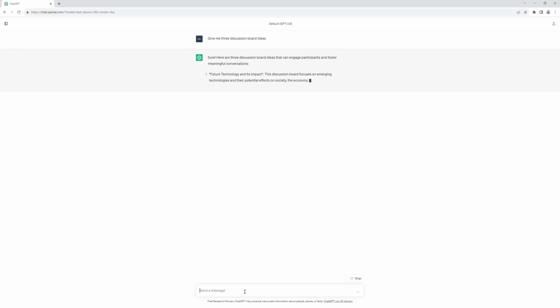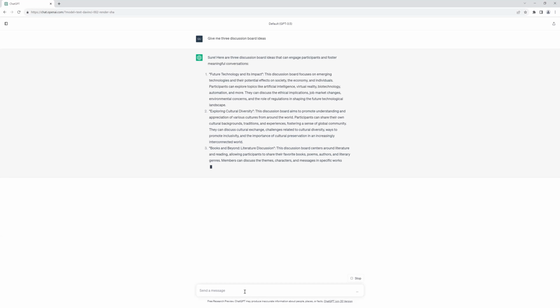And it's going to give us some things. And really, that's not very specific. It doesn't know what kind of class we're in. It doesn't know what level this discussion is. It doesn't understand any of those things because we haven't given it clear guidelines. So we're going to use a little bit of prompt engineering to help us clarify.